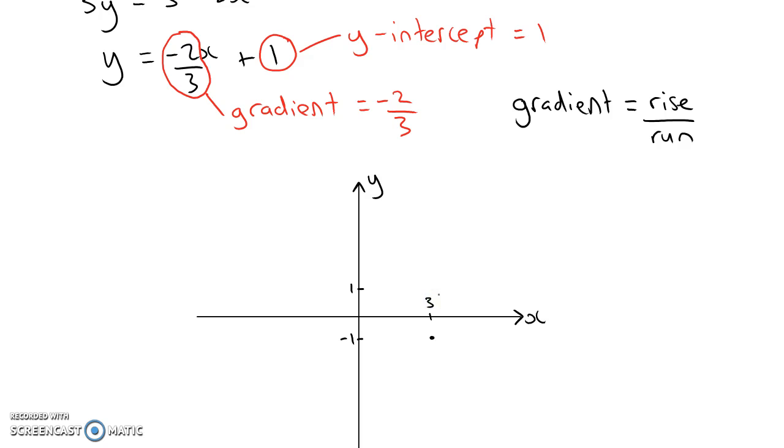So we know that this line goes through the y-intercept of 1, and the gradient being -2/3 means that it goes through this point as well. If we ever want to sketch a graph, all we need is to know 2 points on the graph, and now we've got those 2 points, so we can go ahead and sketch it. So let's sketch a line that goes through those 2 points.